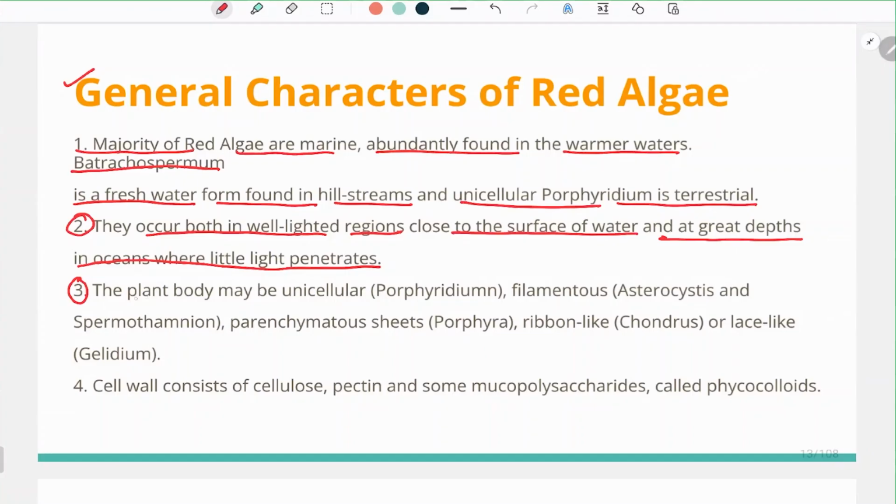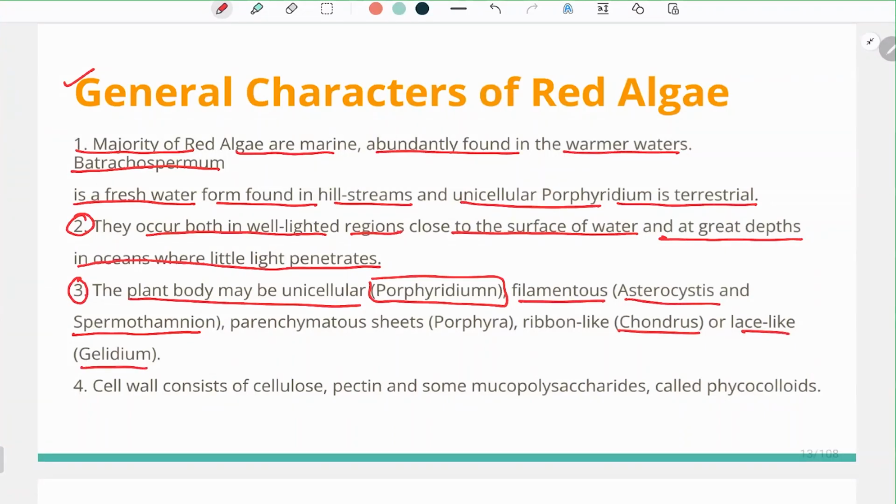Third, the plant body may be unicellular, like in Porphyridium, or filamentous, like in Asterocytis and Spermothamnion, or parenchymatous sheets, like in Porphyra, and ribbon-like Chondrus or lace-like Chylocladia.